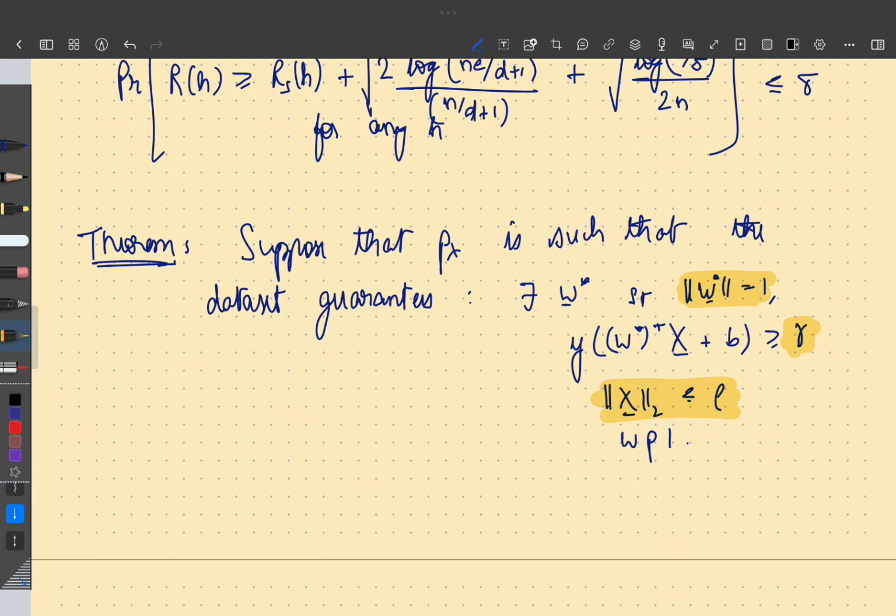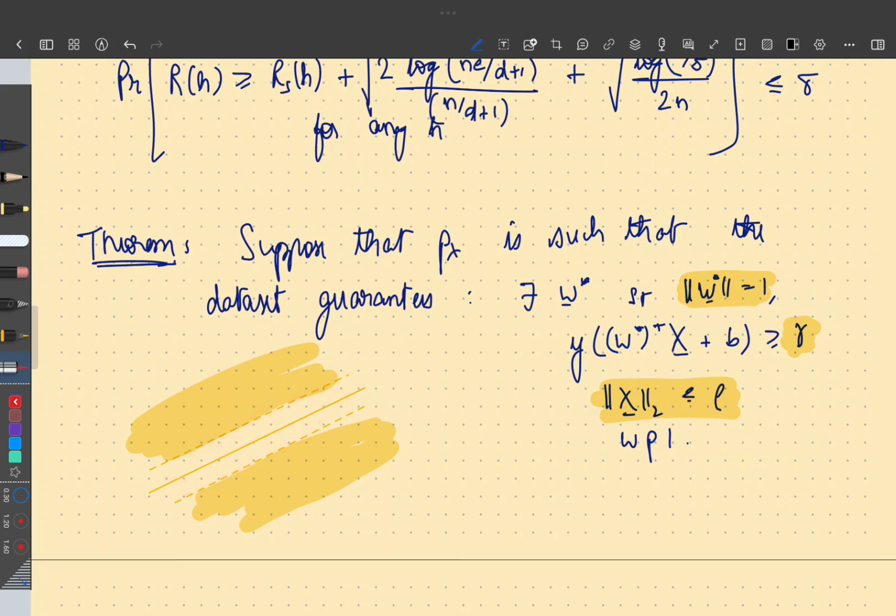All right? So basically, there is a certain amount of margin that is guaranteed to you, and all of the data points are either going to come from this region or this region, and you are guaranteed that no points are going to come anywhere in this region.